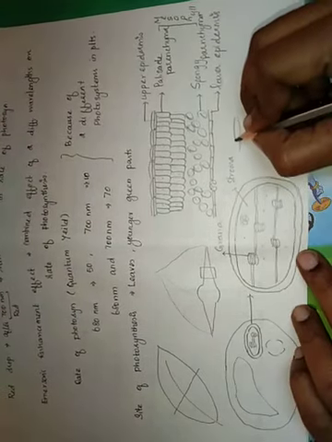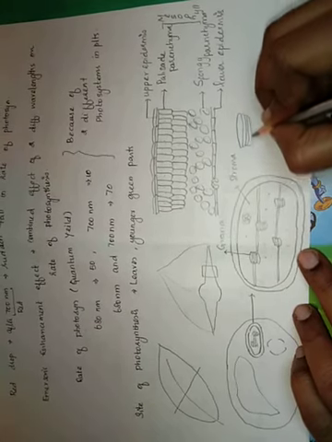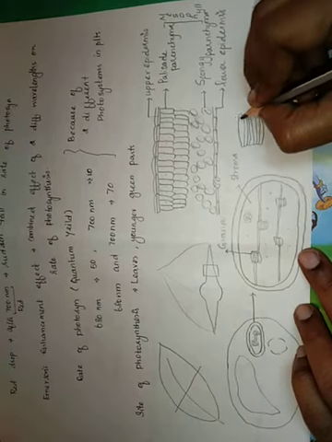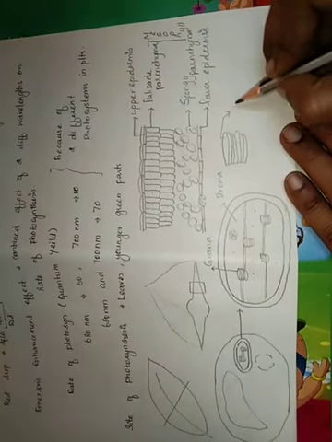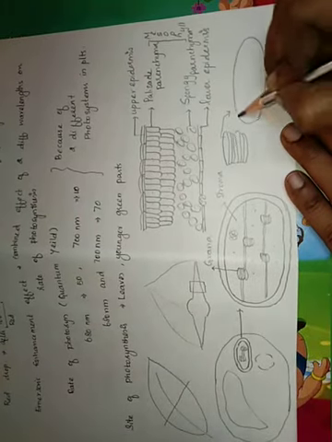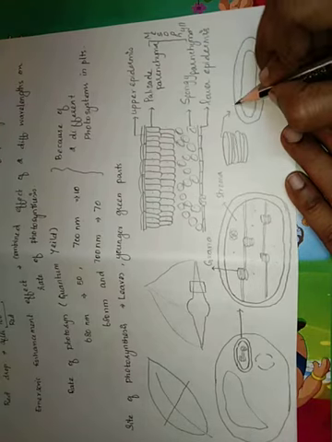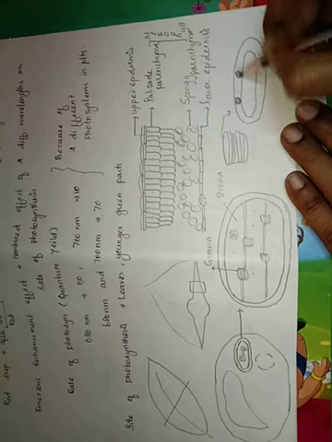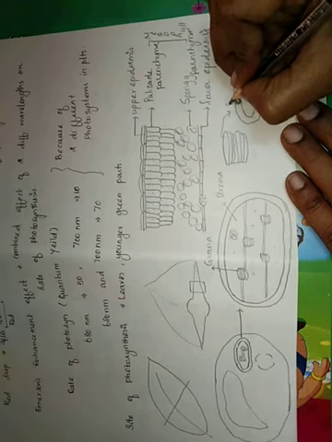Now considering a single granum, it is going to have stacks of thylakoids, and a single thylakoid, when drawn, is again a double membranous structure, and its membrane is going to have the photosynthetic pigments in it.